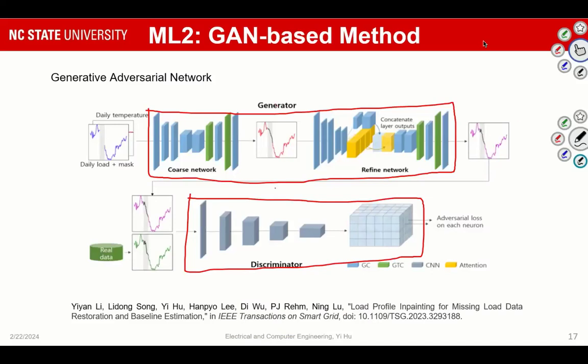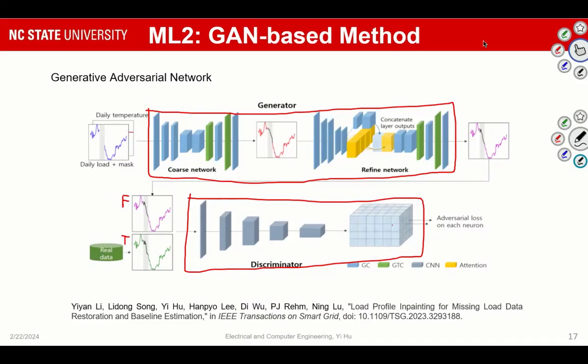This is the output, the synthetic one. We make it easy and call it the fake one. This is the real data, the true one. The discriminator takes both fake data and real data as input, and its task is to find out which one is fake and which one is true, and give a score to each of them.